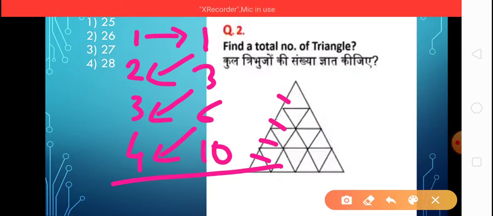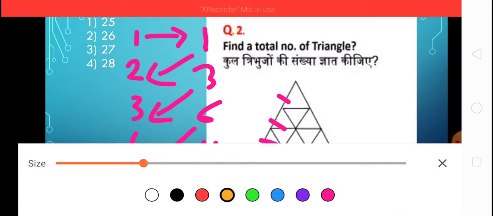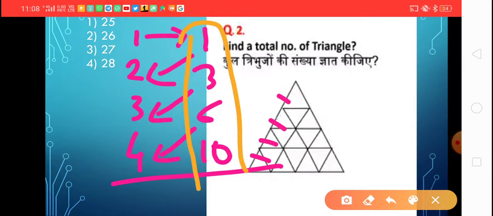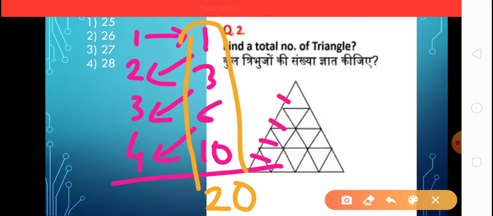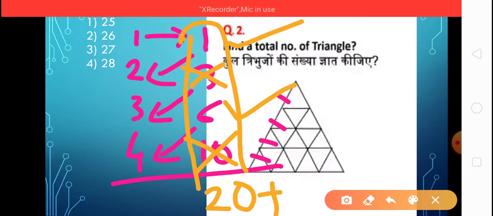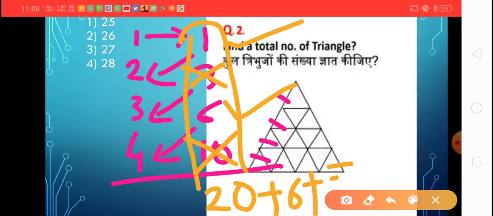At the end we have to add all this, and by adding all this we get 10 plus 6 plus 3 plus 1, that is 20. Then from the base we'll start, we will eliminate this, we will accept this 6, we will eliminate this, we will accept this 1. So we have 6, 20 plus 6 plus 1, which is equal to 27.